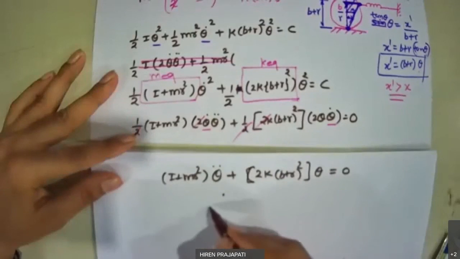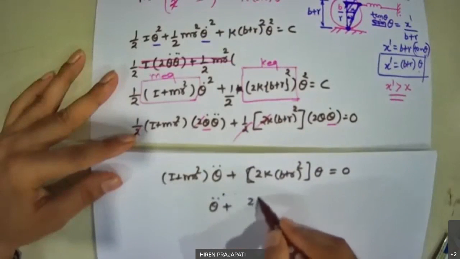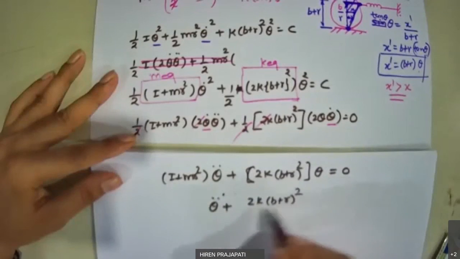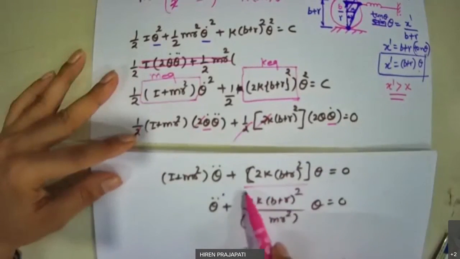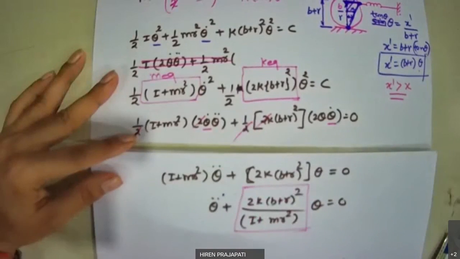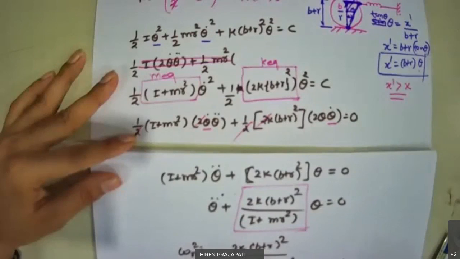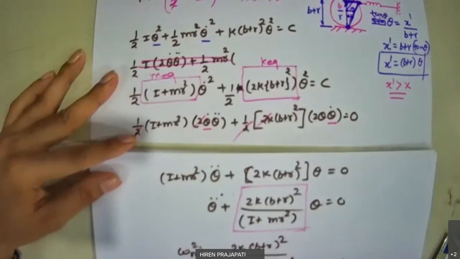Now let us write it in simple harmonic motion form. Then this bracket is nothing but omega n square. So omega n square is equal to 2k (b plus r) square divided by (I plus m r square). Now let me write I. I is 1/2 m r square.